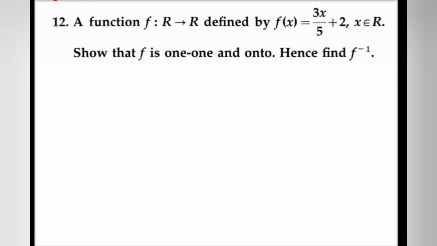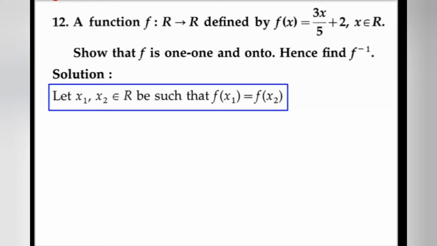Question number 12. A function f from R to R defined by f(x) = 3x/5 + 2, x belonging to R. Show that f is one-one and onto, hence find the inverse of f.